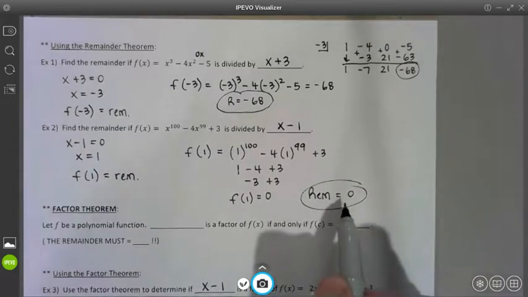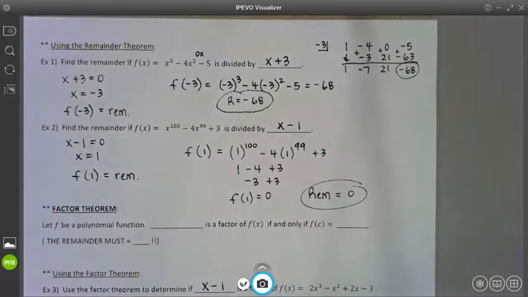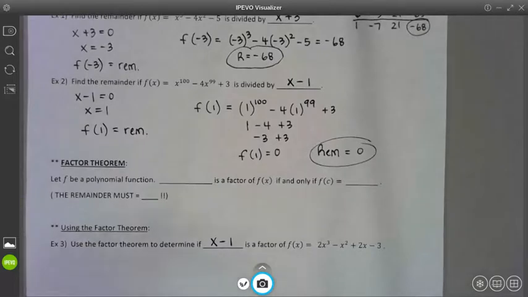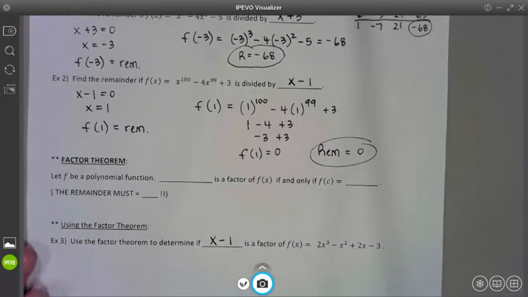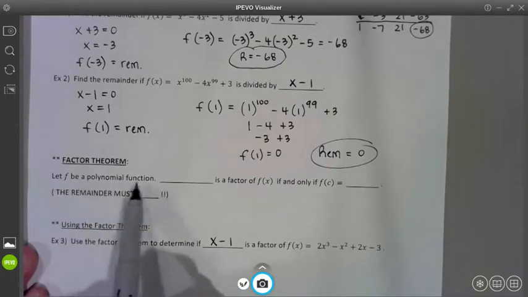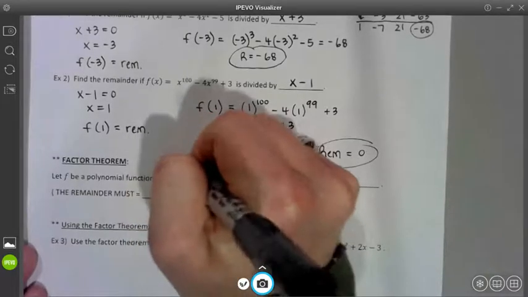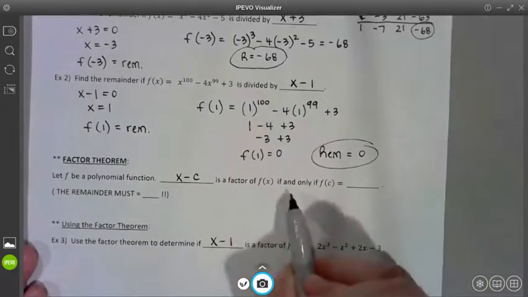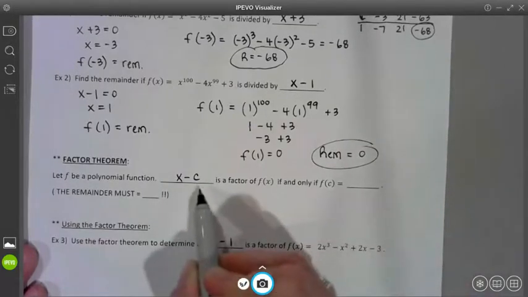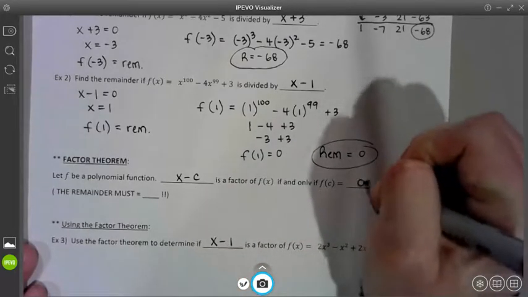All right, so that is what we know. We know the remainder theorem lets us find the remainder by plugging this magic number in. Okay. All right. Well, what does the factor theorem say? Again, the factor theorem is pretty self-explanatory and pretty obvious. The factor theorem says let f be a polynomial function. x minus c is a factor of that function if and only if f of c equals, well, what does the remainder have to be when I plug this magic number in order for it to be a factor? f of c has to equal 0.